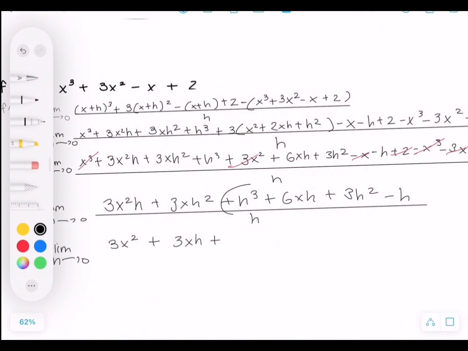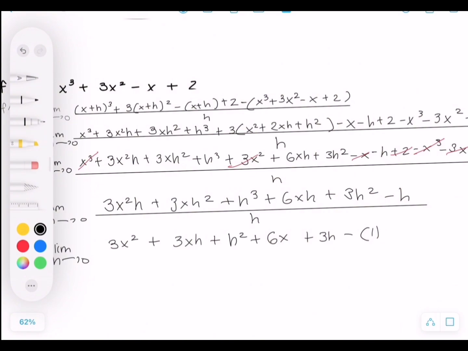So plus, moving on here, h cubed divided by h, you will get h squared plus 6xh divided by h. You'll be left with 6x, but we don't need to put that 1. So we have 3h squared divided by h. You'll get 3h. Then h divided by h, of course, that is 1.